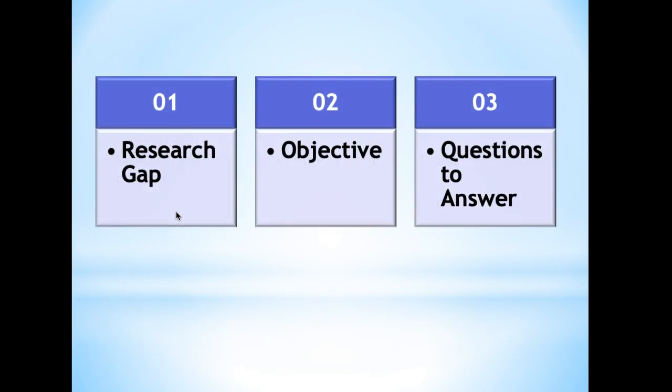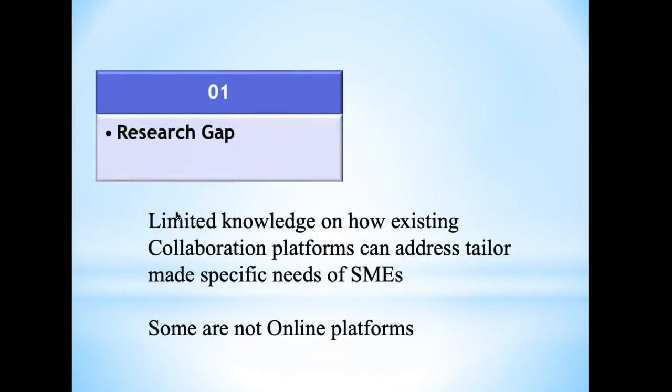Now, what will be the research objective, question, and gap that will be discussed in this project? Well, first of all, when we are talking about a gap, something that is missing or lacking, we could clearly acknowledge that there has been a lot of literature and discussion when it comes to collaboration.